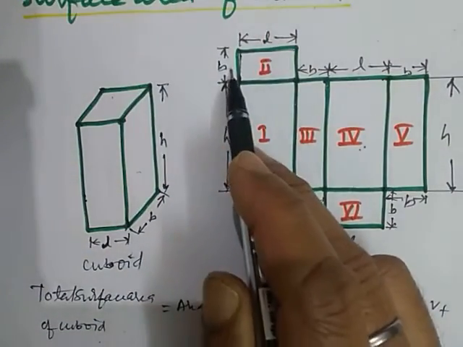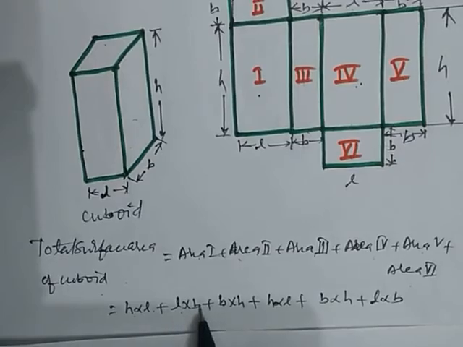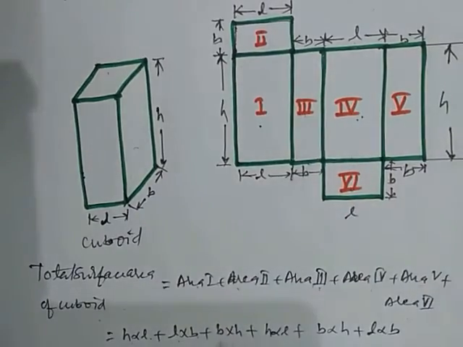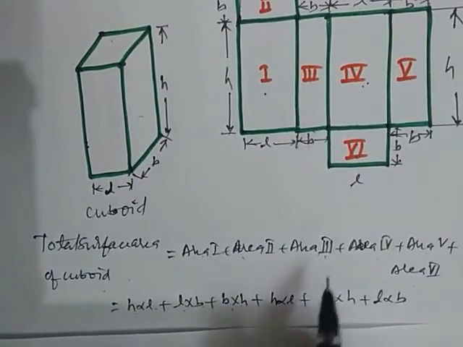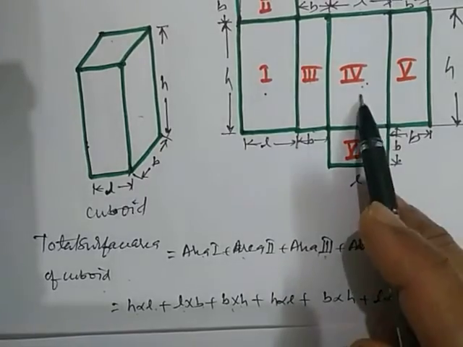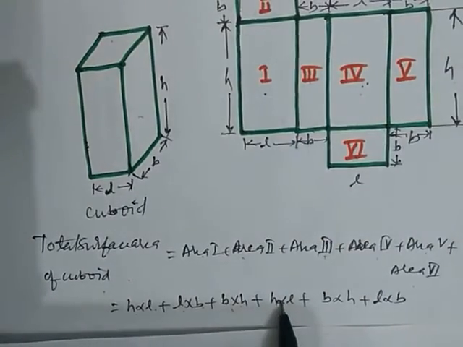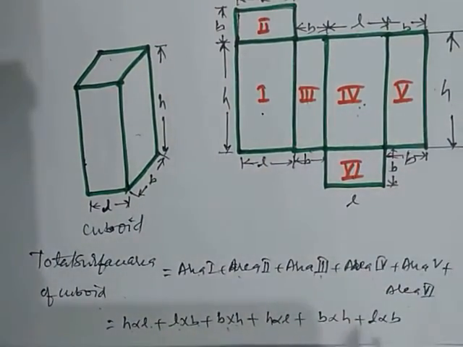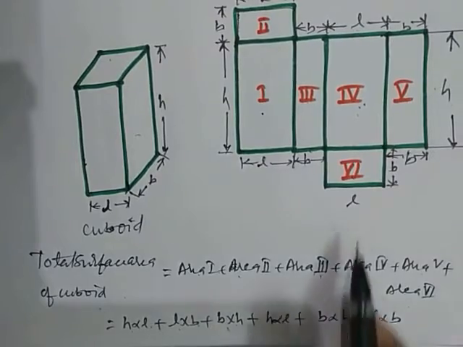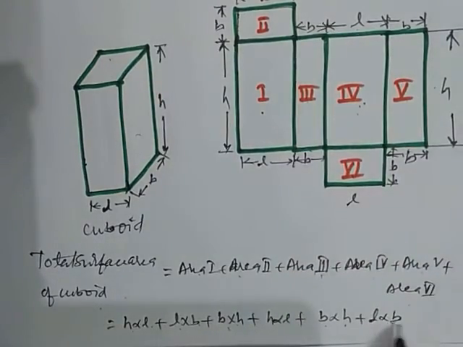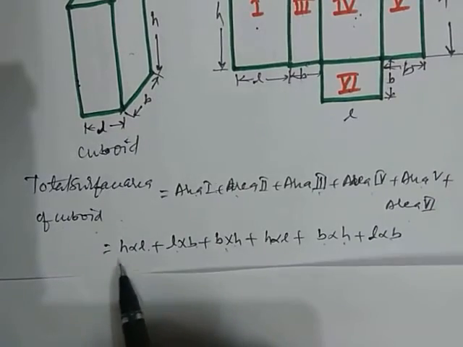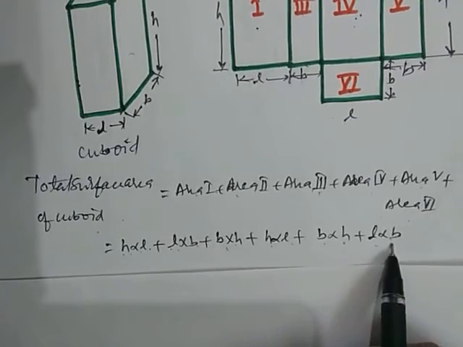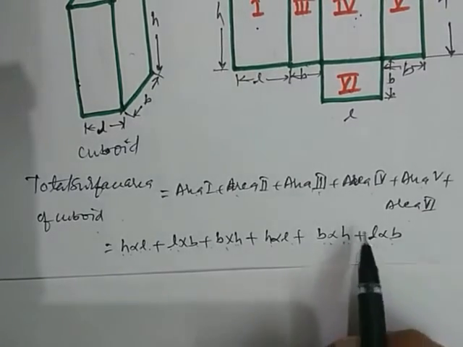Area of the second, B into L, L into B, one and the same thing. Area of the third, B into H. Area of the fourth, L into H, HL. Area of the fifth, B into H, and area of this sixth is L into B. Now here we found that H into L and H into L are twice, L into B and L into B are also twice, B into H and B into H are also twice.